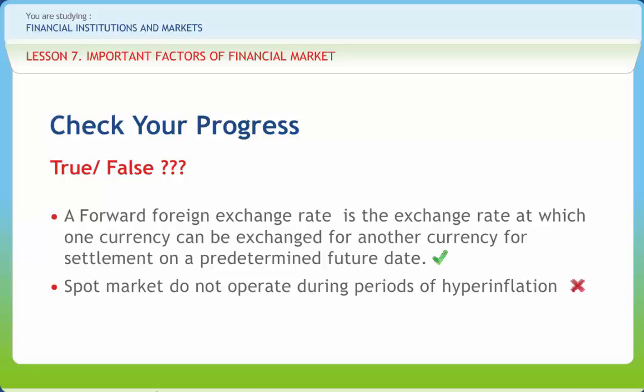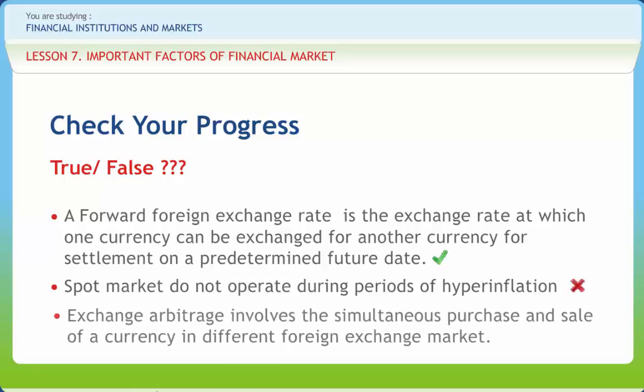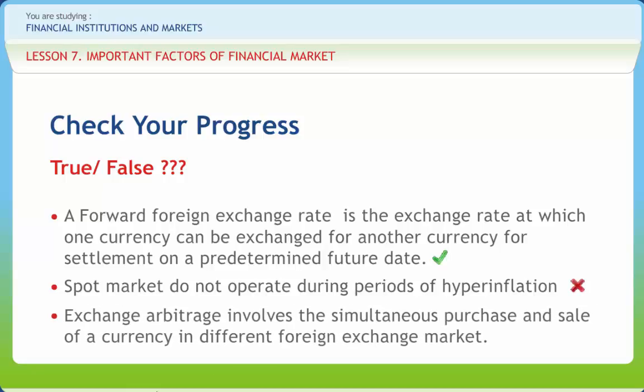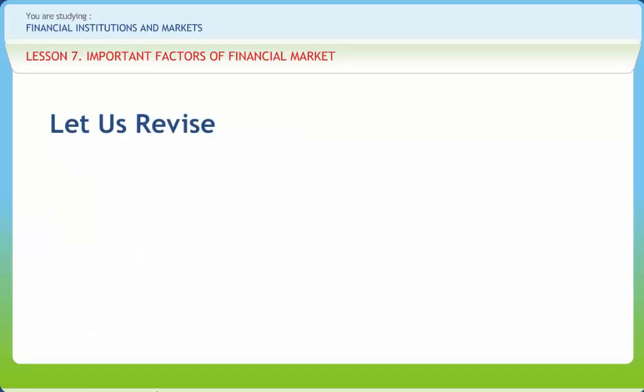Right or wrong? Wrong. Exchange arbitrage involves the simultaneous purchase and sale of a currency in different foreign exchange markets. Right or wrong? Right.